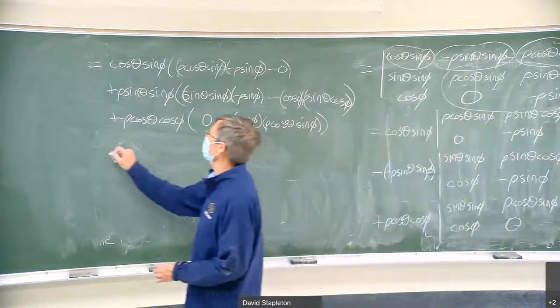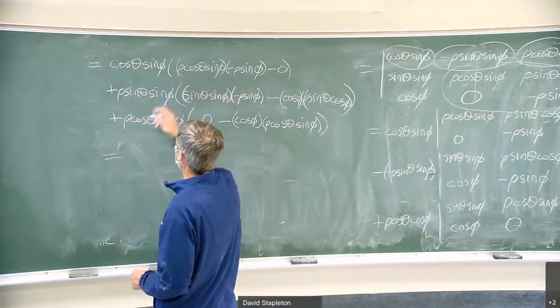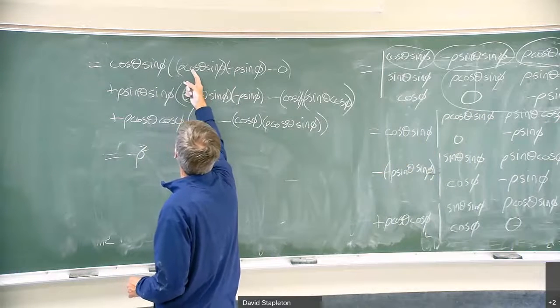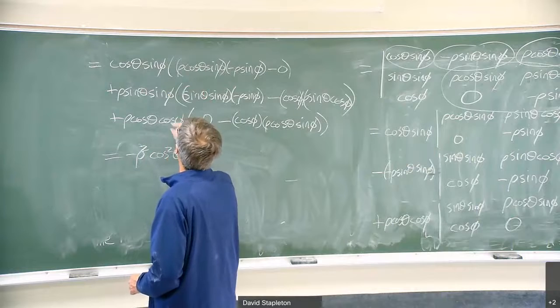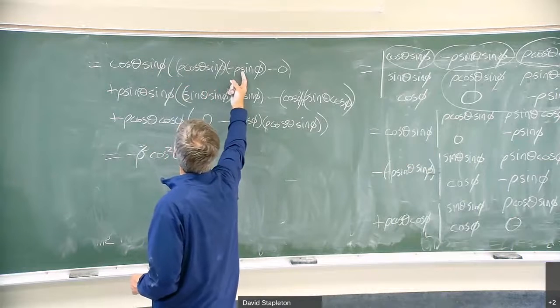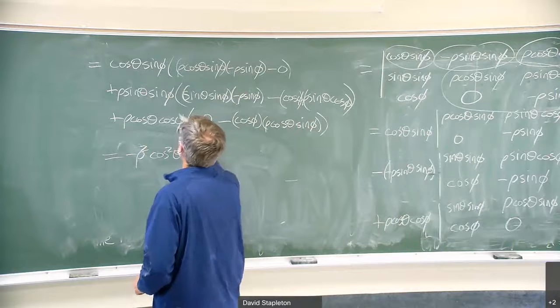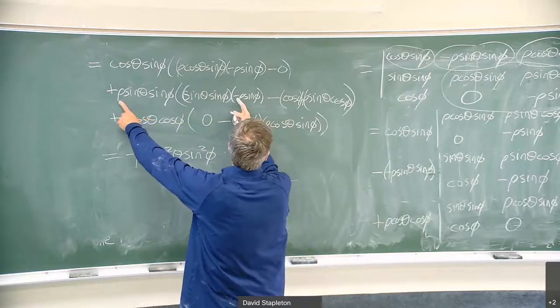How does that multiply out? Let's see. Rho minus rho squared times cosine squared phi, times cosine squared theta times sine squared phi. That's this one. And then plus rho, let's see, there's a minus here.